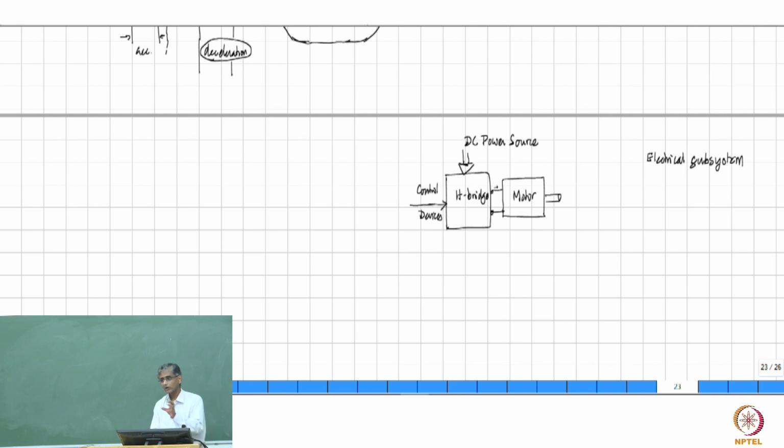And therefore, unless you have a good hold on the behavior of the electrical subsystem, your overall response will not be very good, right? And therefore, this electrical subsystem is the one that is responsible to generate electromagnetic torque.